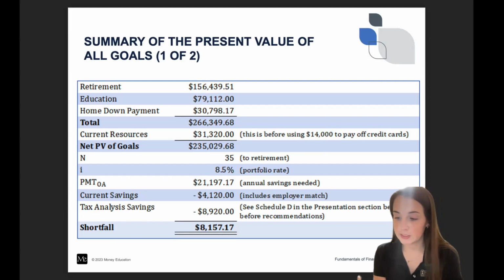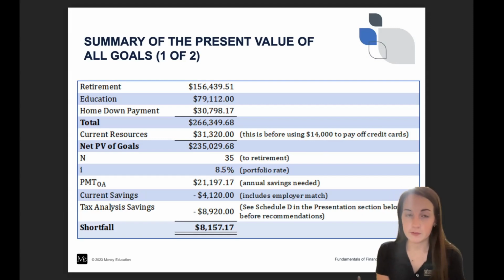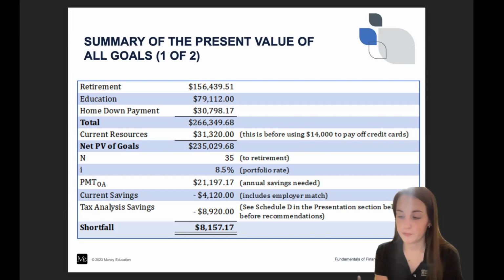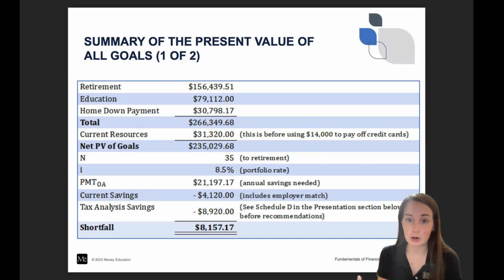It would decrease this by at least $39,000. And it would decrease the annual savings you need by $3,527 per year. So it would make you only $1,060 short. And this is more optimal than $8,000 or $4,000.